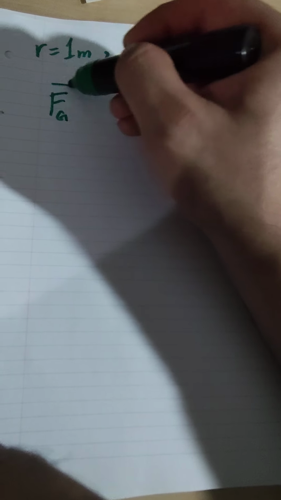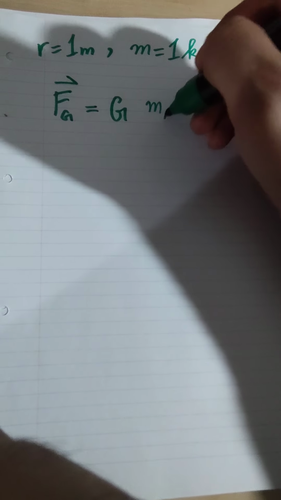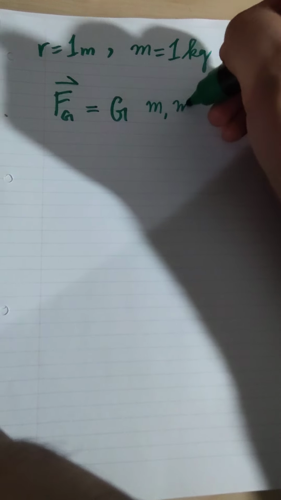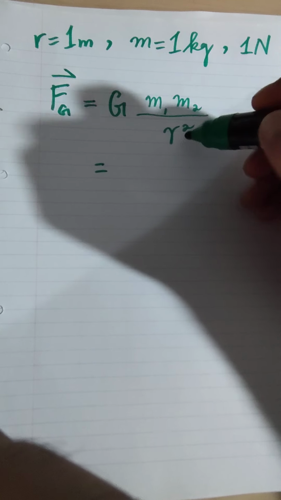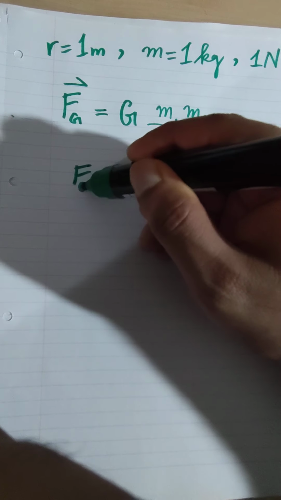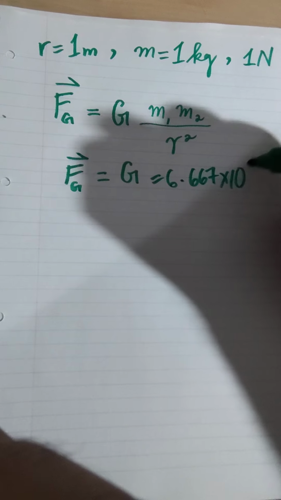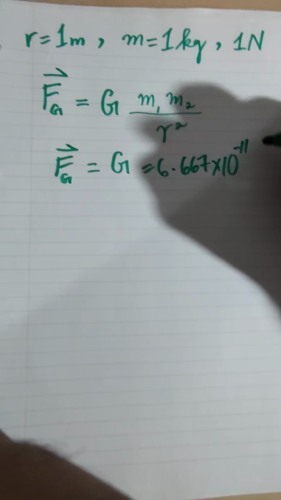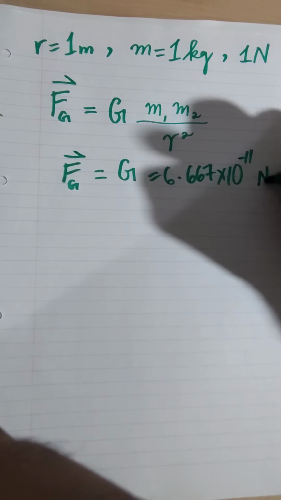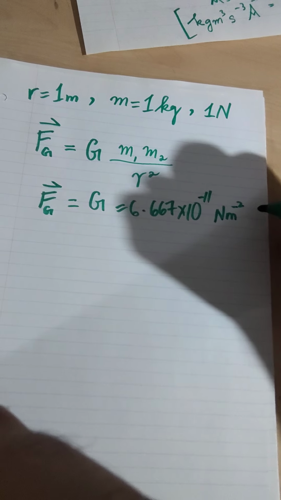First of all, we'd start off with the force of gravitation, and that would be G m1 m2 over r squared, which is 1 times 1 divided by 1 squared. So we would get the answer as G, which is 6.667 times 10 to the power minus 11 newton meters squared per kg squared.